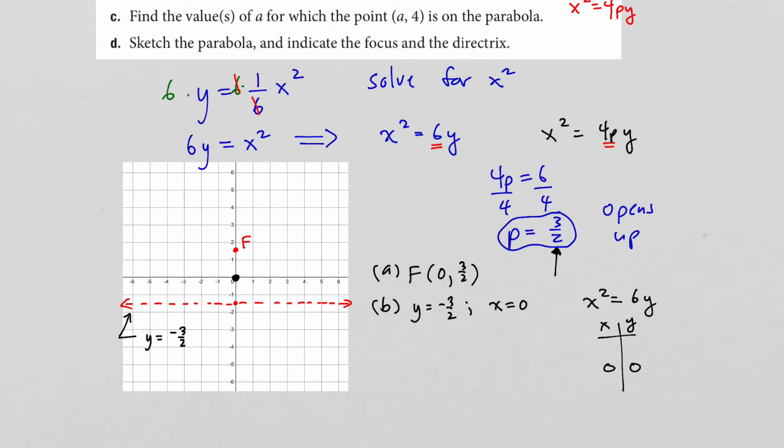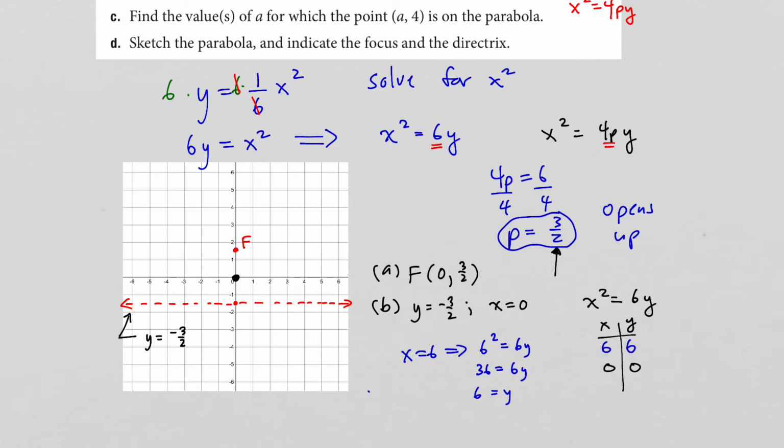So now I want to pick a value for x that's easy to plug in. So an easy value would be if I pick x equals 6. The reason I'm picking 6 is because I can see a 6 here. So notice that if x equals 6, that gives us 6 squared is equal to 6y, which says 36 equals 6y, which means y equals 6. So if x equals 6, y equals 6.